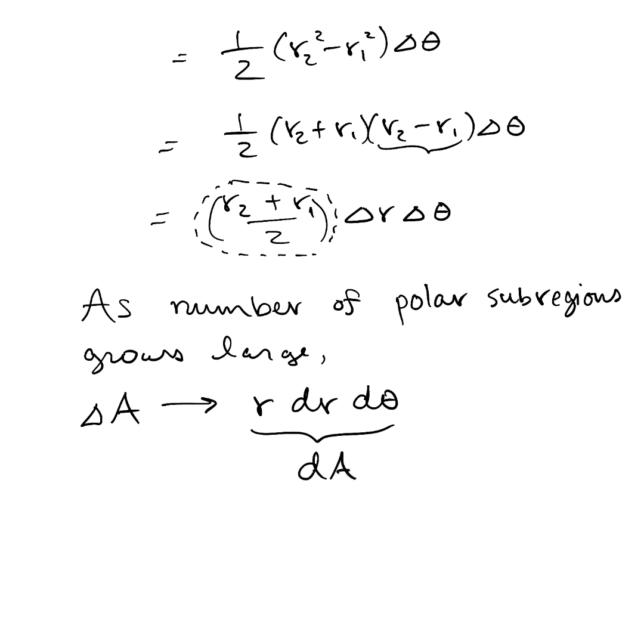So that's a heuristic argument as to why dA in our polar double integrals is r dr d theta.